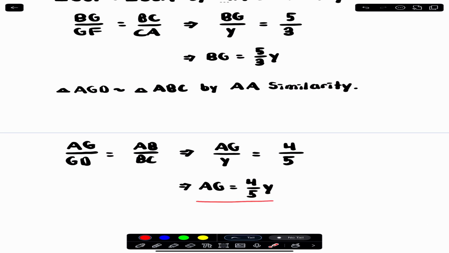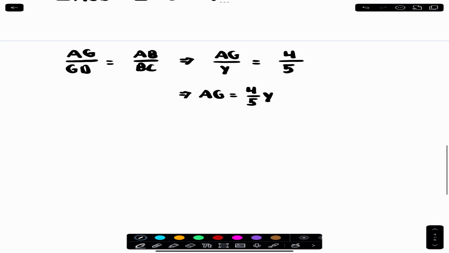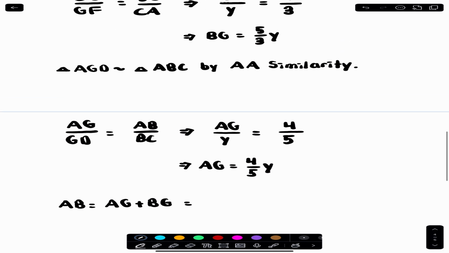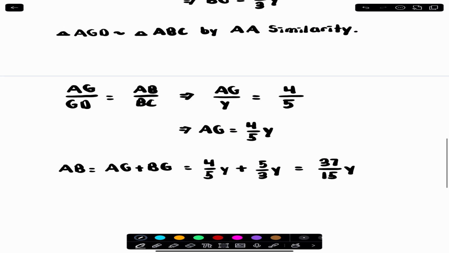If we have AG in terms of y and BG in terms of y, well then let's combine those two segments to get AB in terms of y. So we know AB is equal to AG plus BG. So just take your expressions that you found before and add them up. I'll leave the simplifying to you, but you'll find this ends up being 37 over 15 times y.